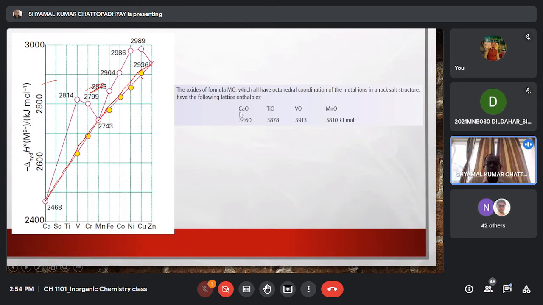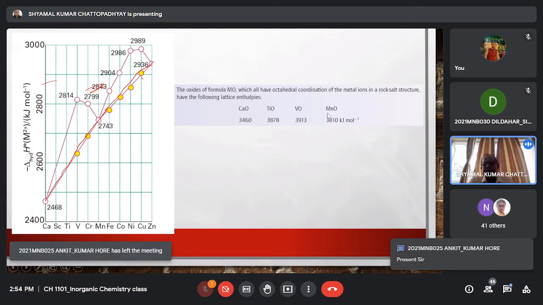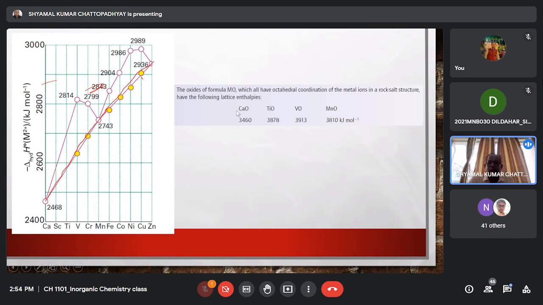Similarly, if I compare the lattice energies of calcium oxide, titanium oxide, vanadium oxide, and manganese oxide, right? So calcium oxide is D0. This titanium oxide is actually D2, right? Vanadium oxide is D3, right? And this is D5.